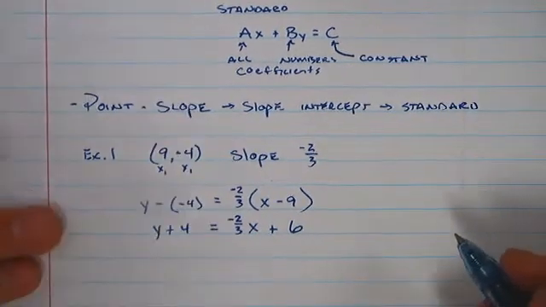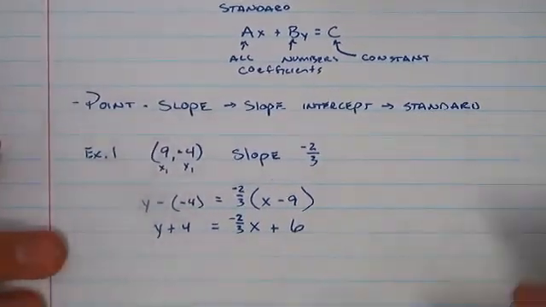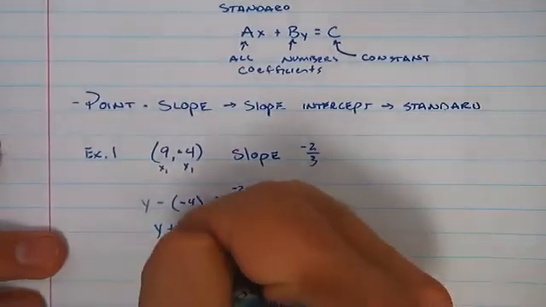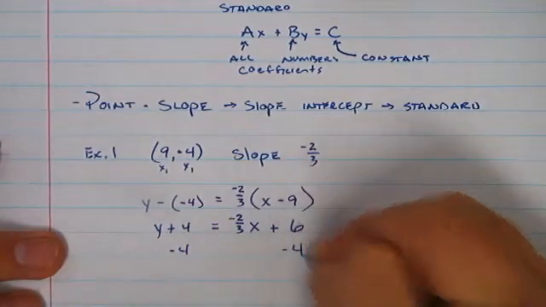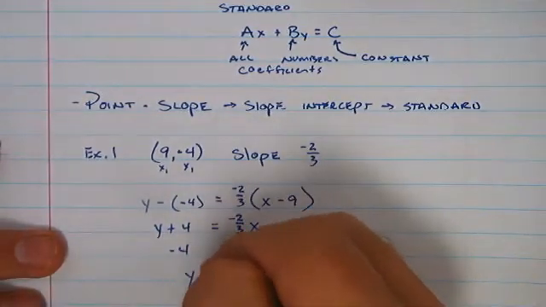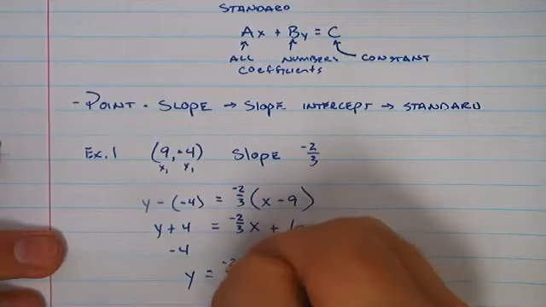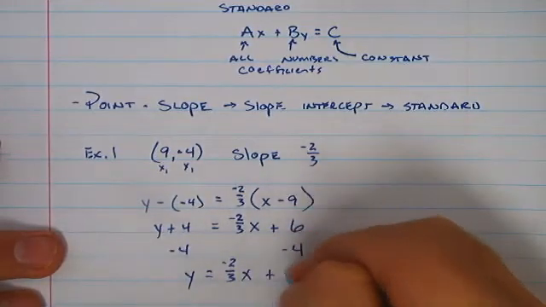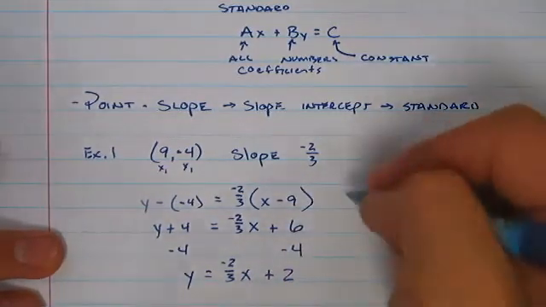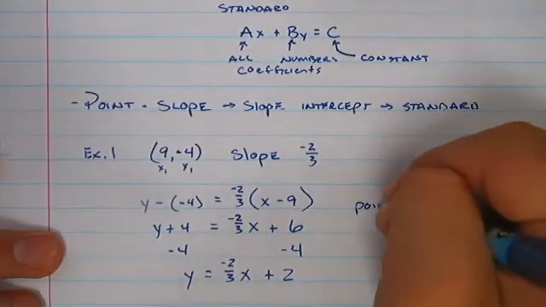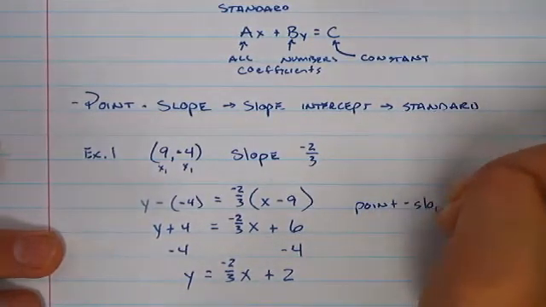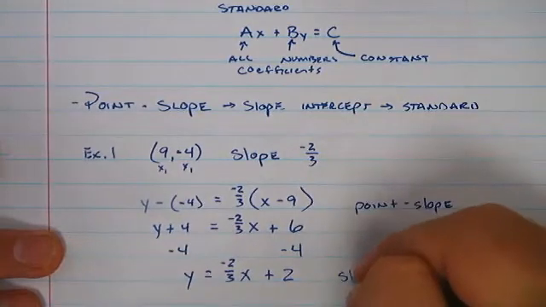All right, so far we're getting pretty close, and then we just need to move that 4 over through inverse operations, keeping like terms together. So y equals -2/3 x plus 2. All right, and so now we have point slope, and we have slope intercept.